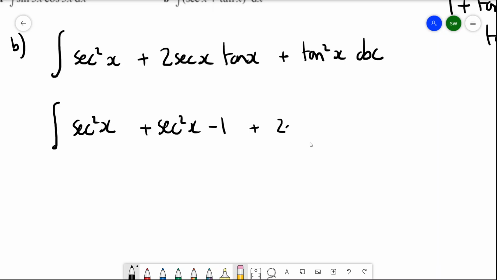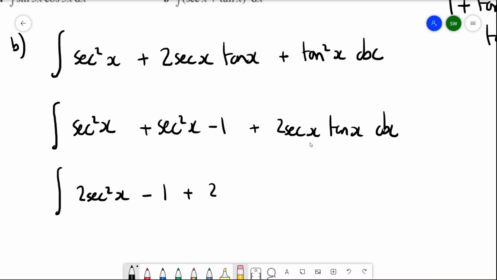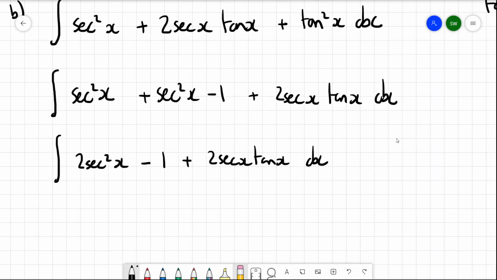So we can just leave that as it is because that's the standard integral. So then we're going to have the integral of 2 sec squared x minus 1 plus 2 sec x tan x. So now we've just got standard integrals.